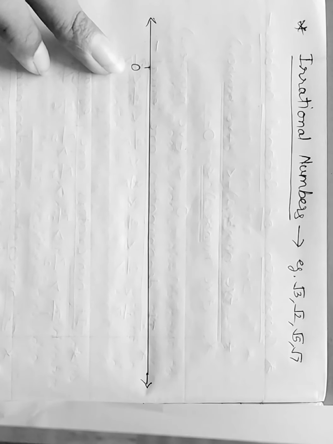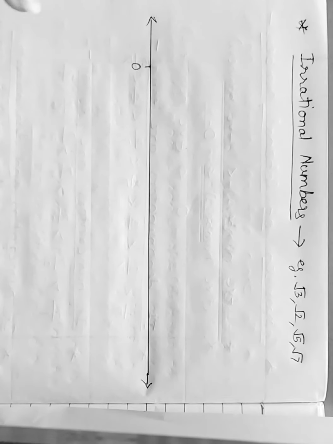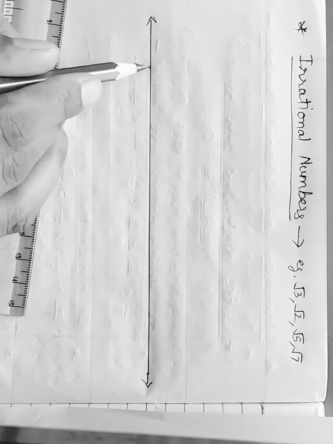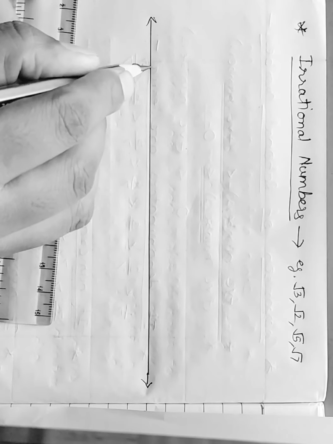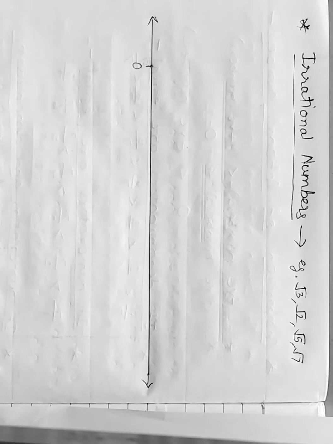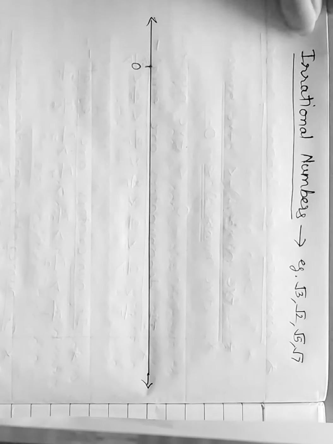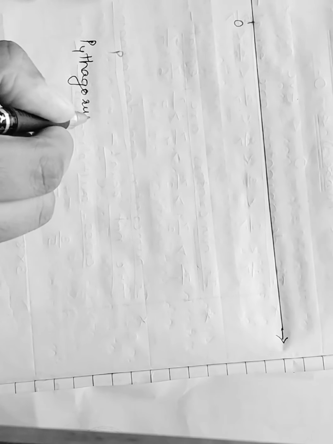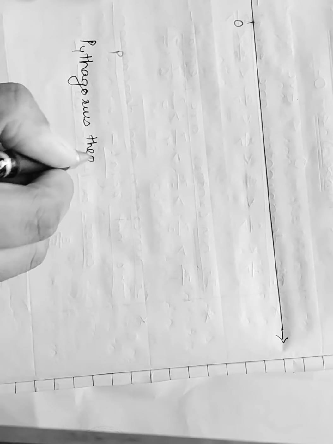Then it will be easy to plot all the numbers on the right side. See now. For that, we have to draw one straight line as a number line. I have drawn it. Then take 0 as the starting point. Then for this, first we have to understand the Pythagoras theorem. What is this?